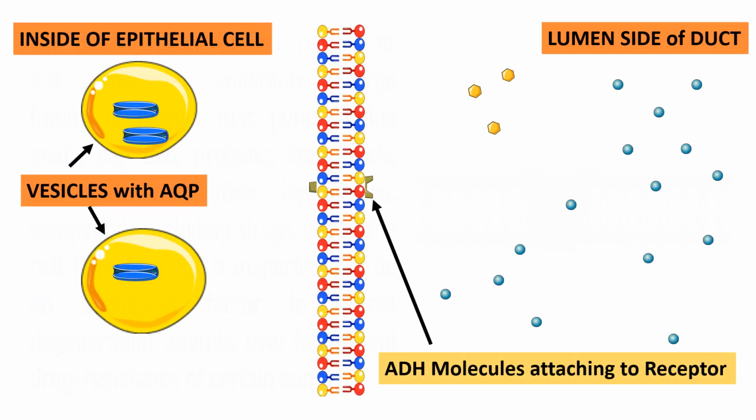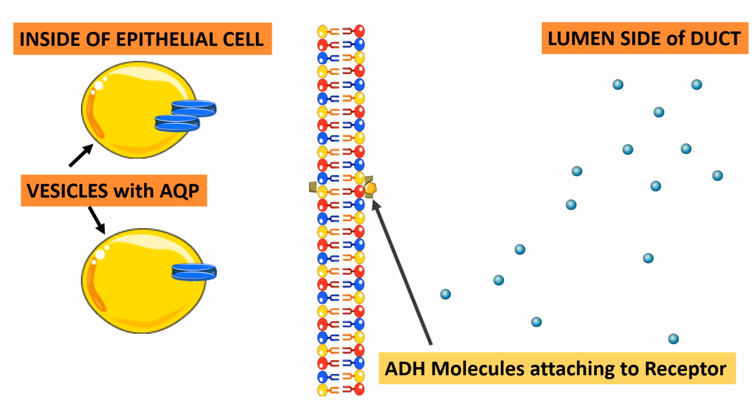cancers. In this animation, you can see that antidiuretic hormone is mobilizing aquaporin from its stores in epithelial cell vesicles. Under the influence of ADH, aquaporins fuse with the apical plasma membrane, water permeability greatly increases, and more water is absorbed from the collecting duct. Aquaporin is a water channel protein.